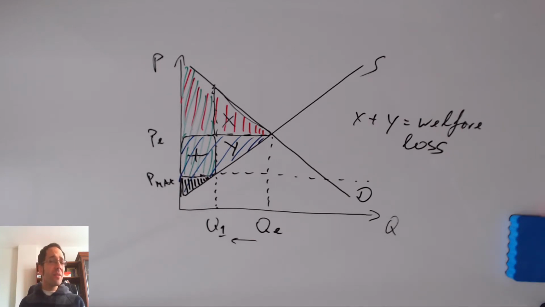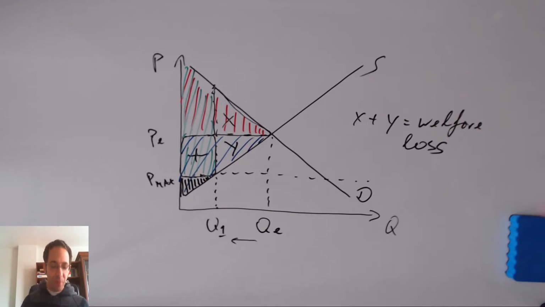The question may be asked vice versa. You may be given a situation where a maximum price was originally implemented, but the market changed somehow, and the government is considering whether this maximum price is still useful. Then you would go the other way around.